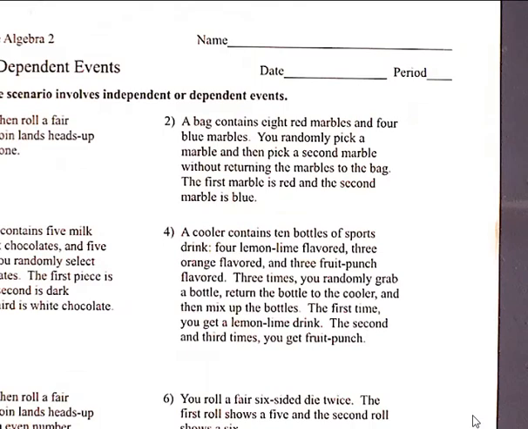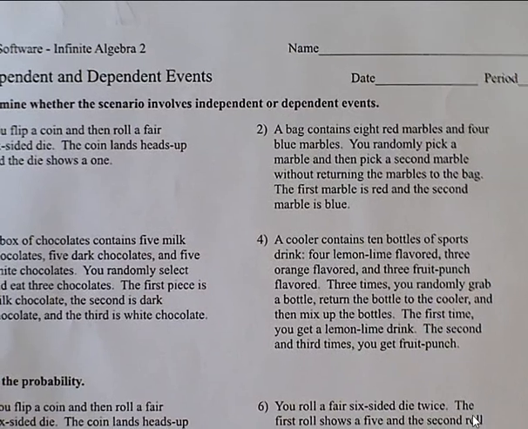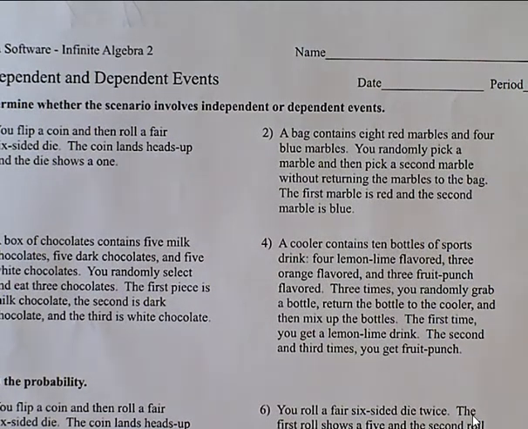So questions 1 through 4 say determine whether the scenario involves independent or dependent events. Number 2 says a bag contains 8 red marbles and 4 blue. You're going to randomly pick a marble and then set it down, and then pick a second marble without returning the first back to the bag. What's the probability that the first marble is red and the second marble is blue?